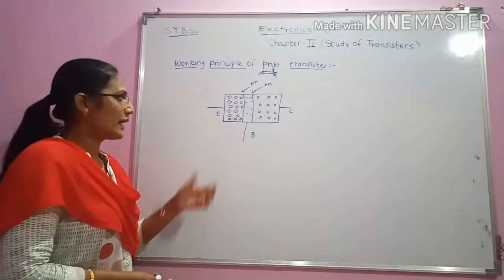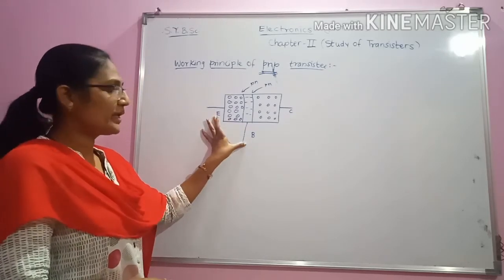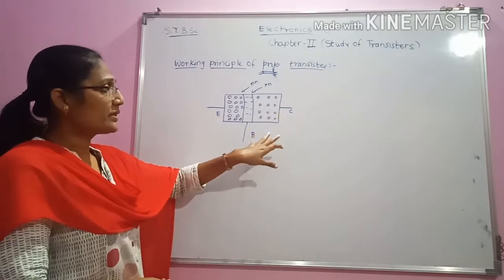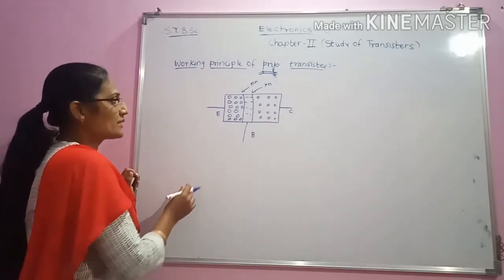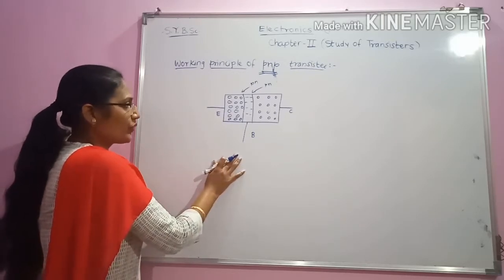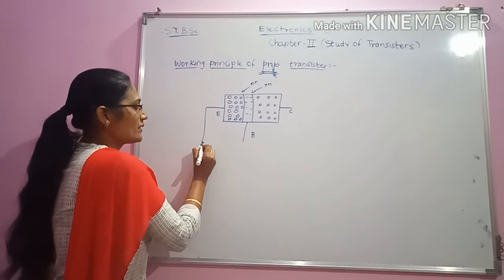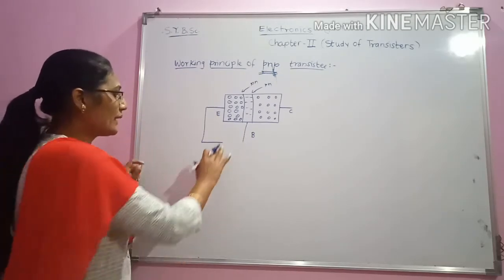Now, we know that while biasing, the emitter base junction is forward biased and the collector base junction is reverse biased. What is meant by forward biasing the junction? When we forward bias the junction, we use an external source, that is a battery, connected in the circuit like that.